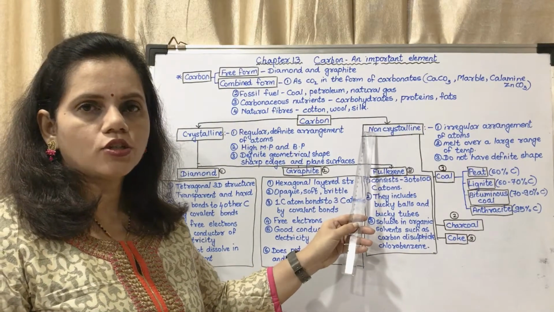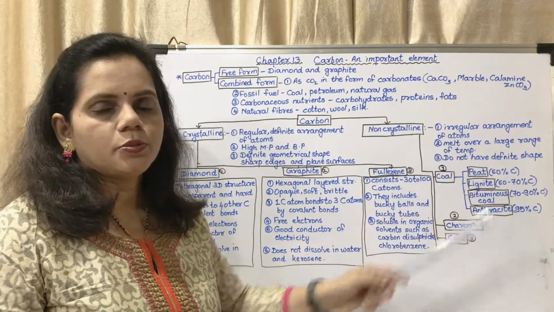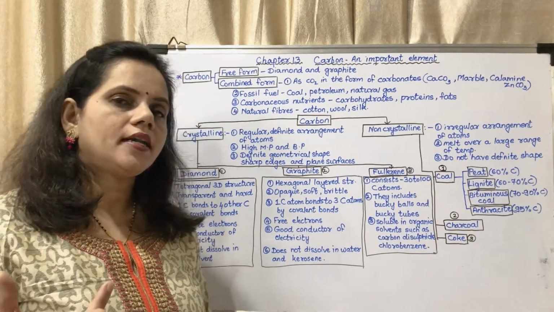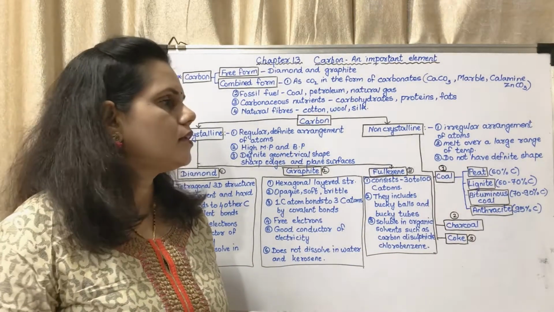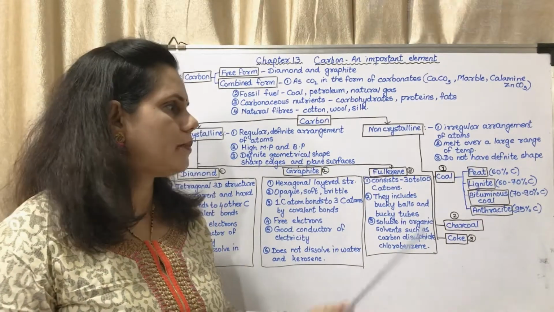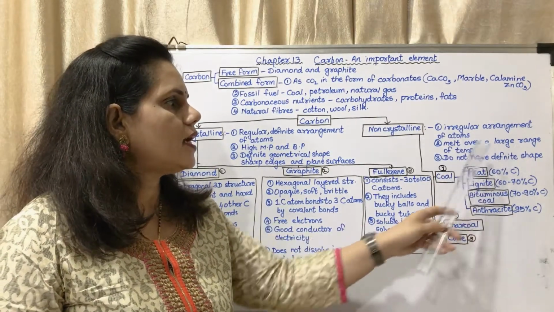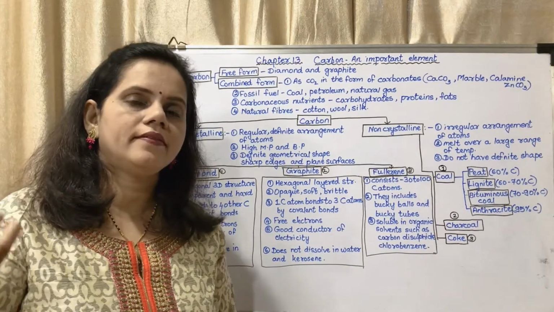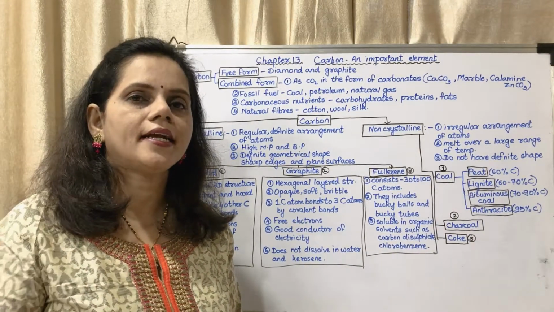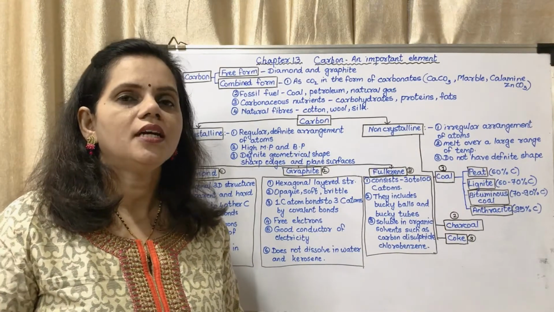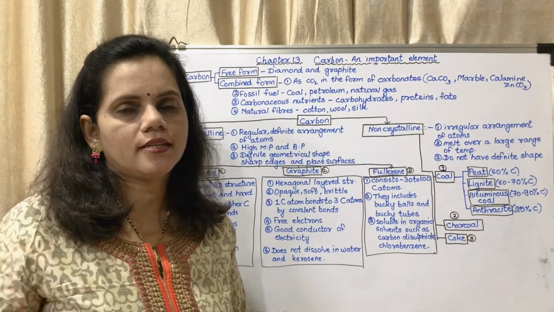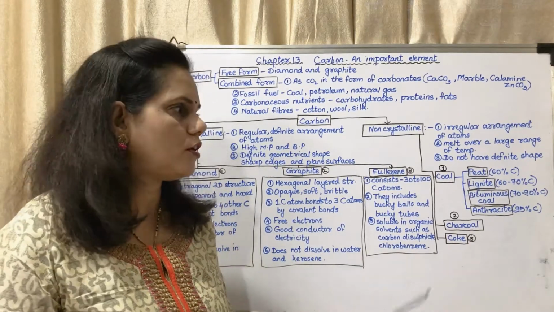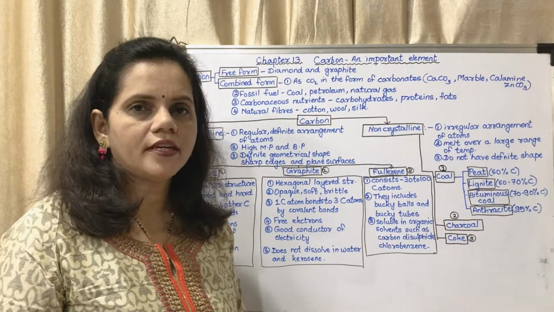Non-crystalline allotropes have an irregular arrangement of atoms. Atoms are arranged in any way, not in a particular shape or manner. They melt over a large range of temperatures. Every non-crystalline allotrope of carbon has different temperatures, so there is a wide range of melting point. They do not have a definite shape.